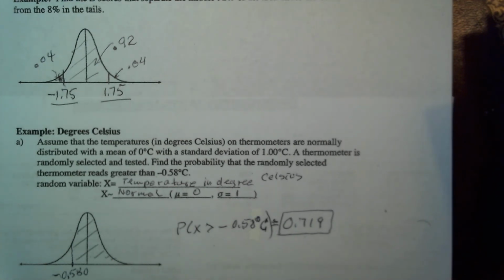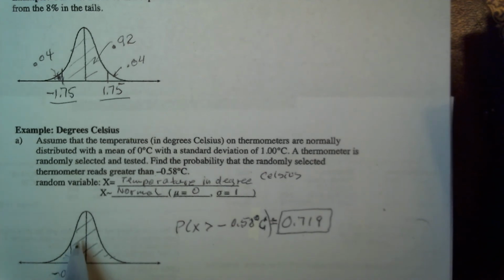Notice what's happening in this example: the horizontal axis has meaning in the sense that the numbers mean something in terms of degrees Celsius. If you were to use a table, you look for the area corresponding to a z-score of minus 0.58, and then subtract that area from 1 to get this area to the right.